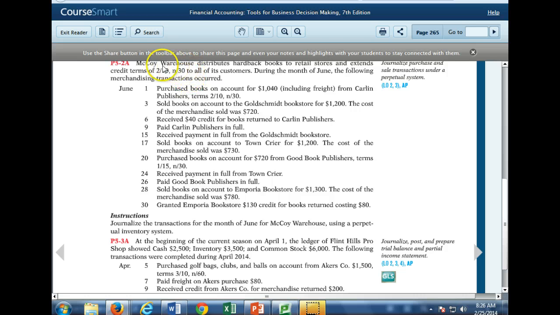It's a blanket statement for all customers. What about the net 30? Net 30 means if they pay within 10 days, they get a 2% discount. Otherwise, they're required to pay the entire balance in 30 days. Oh, okay. So they paid within 10 days, so that's why they took advantage of this.